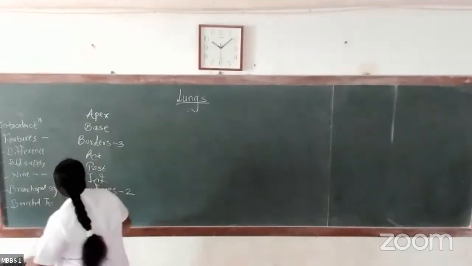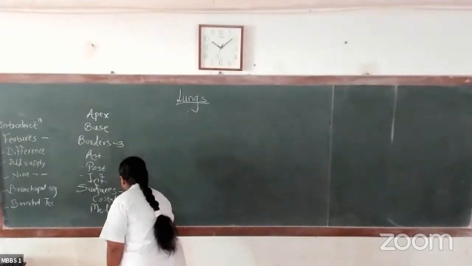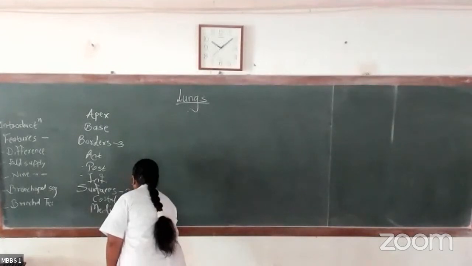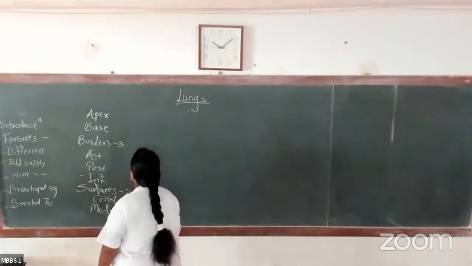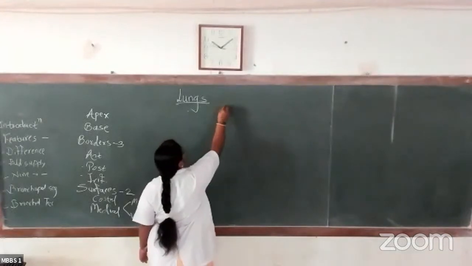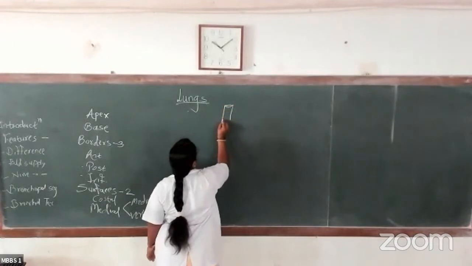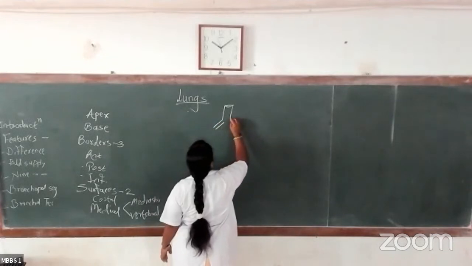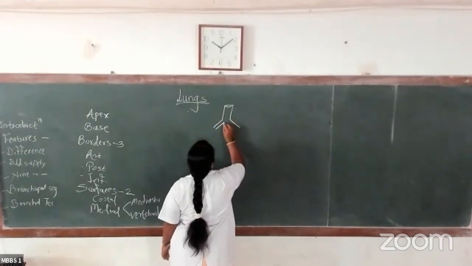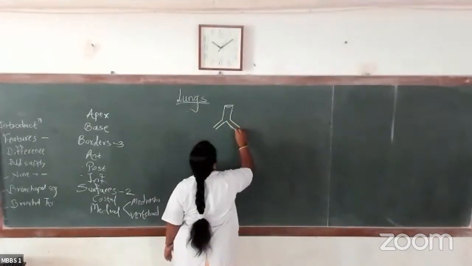The medial surface is again divided into a posterior part, that is the vertebral part, and an anterior part, the mediastinal part. These lungs are conical in shape. They have an apex which is directed upwards. It has a base. And there are three borders of it.